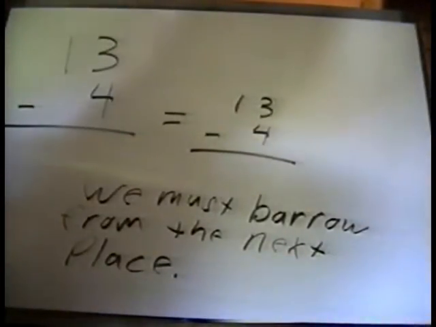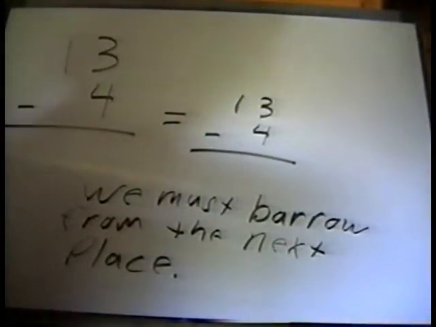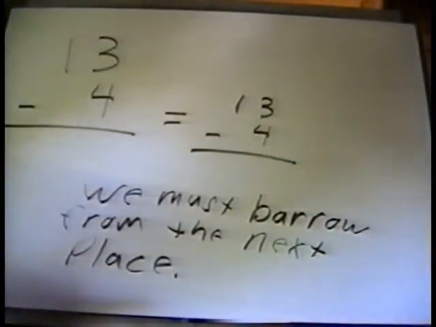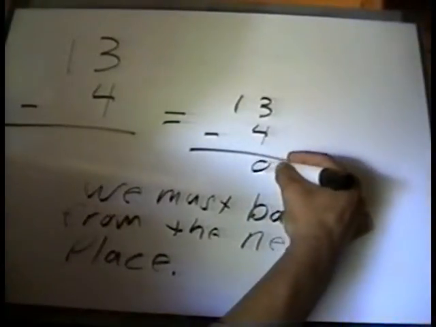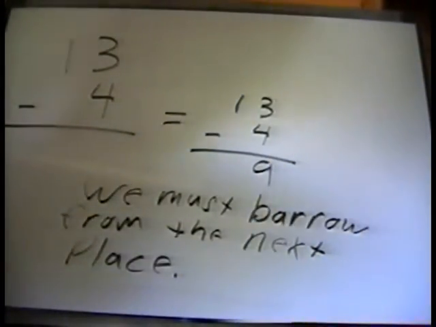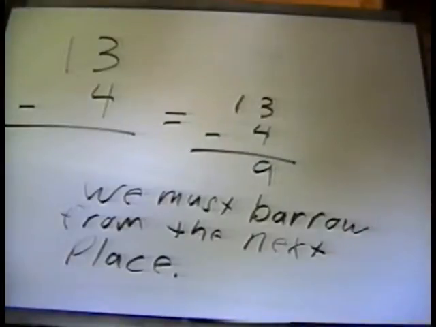But it's really not necessary, because 3 is going to become 13 anyways. So since we already have 13 there, we subtract 4 from 13, which we get is 9.